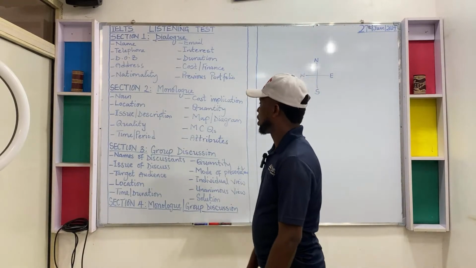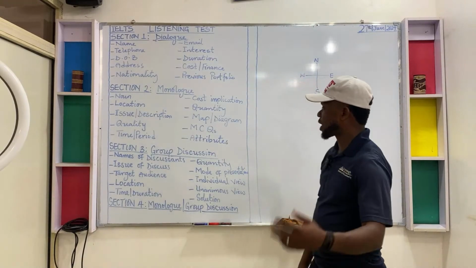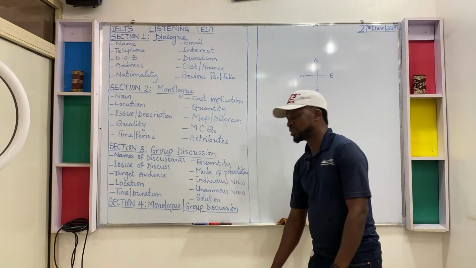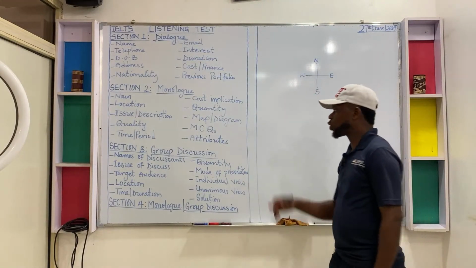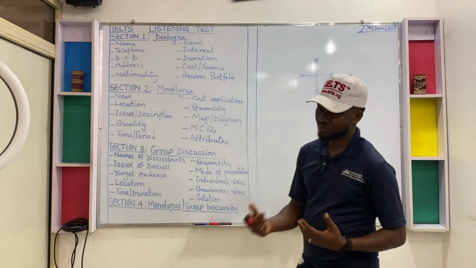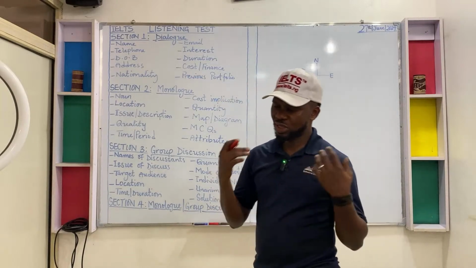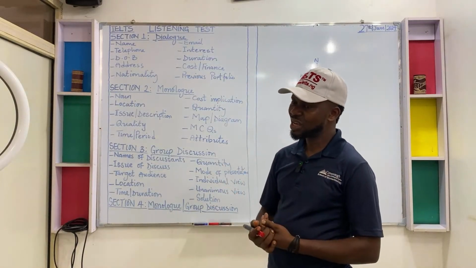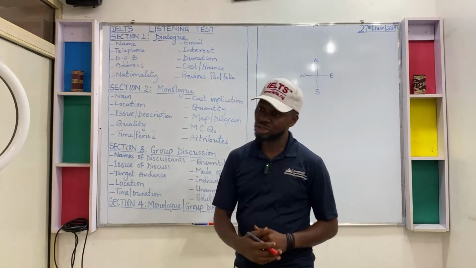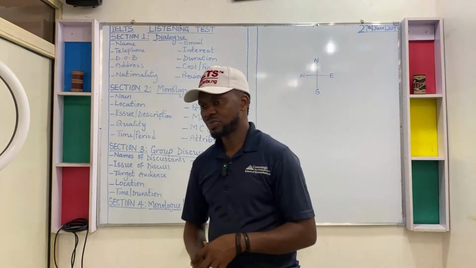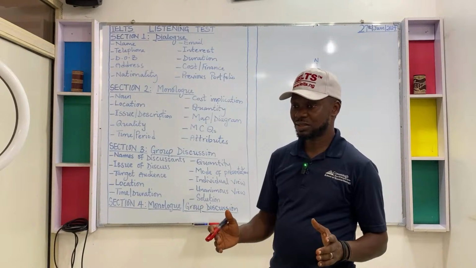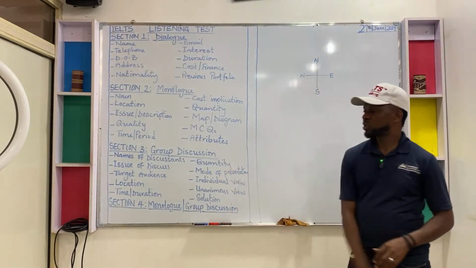What temperature does it survive in? Right? So, attributes. You want to listen to the audio attentively and as quickly as it's running to get your answers. Do you understand this? Let's go to section 3.